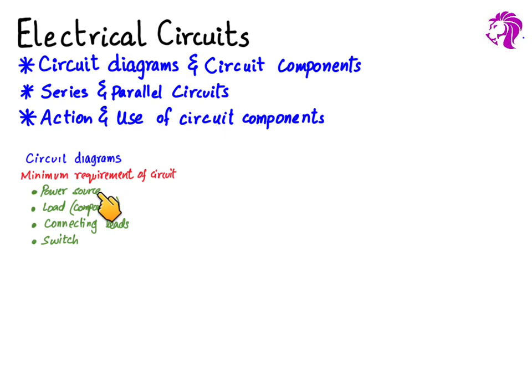If you have a power supply but you have no load, again the power supply is of no use because there's no component which consumes the power. And if you have both of them but you have no connecting leads, then these two are idle, they are not connected, they both are of no use.